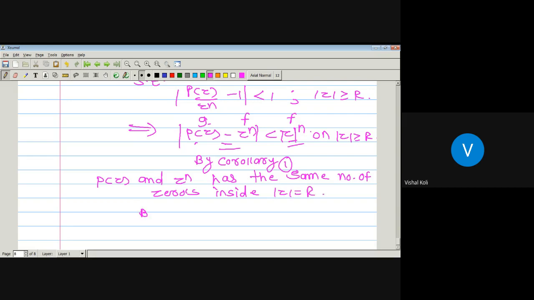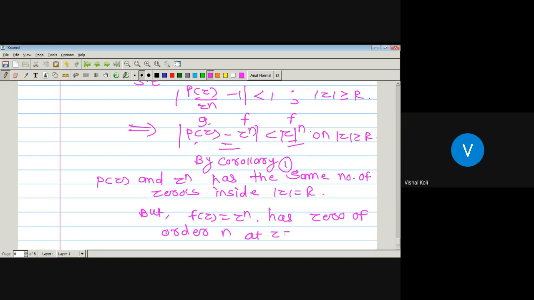But here f of z is z raised to n, and we know that z raised to n has n zeros, as it is a zero of order n at the point z equal to 0.